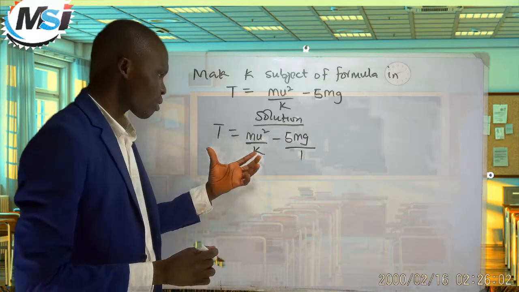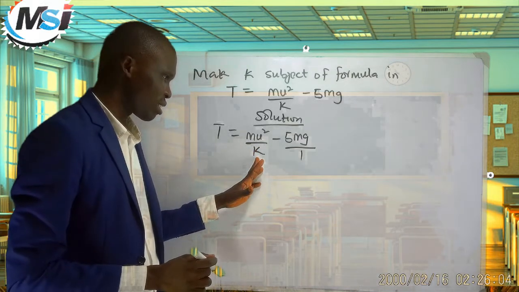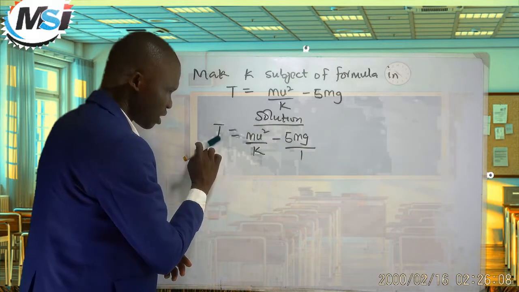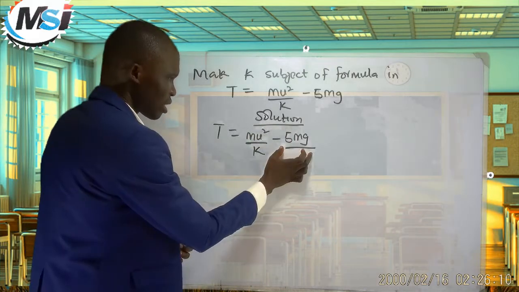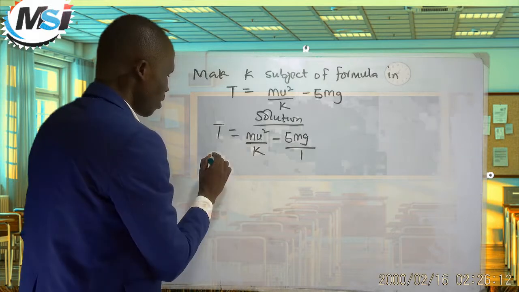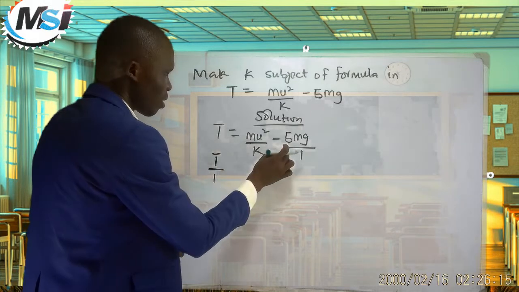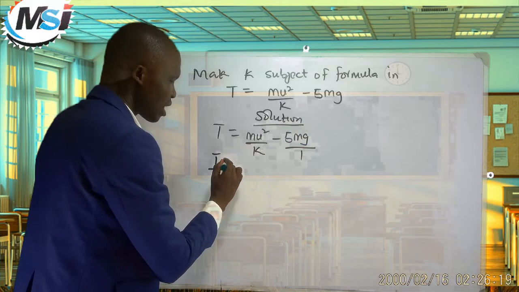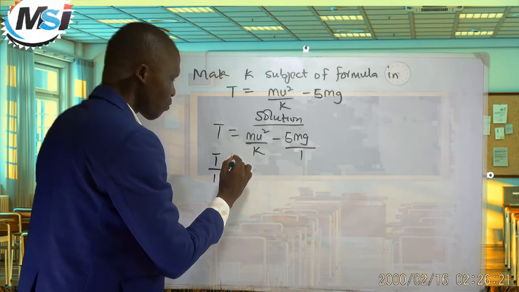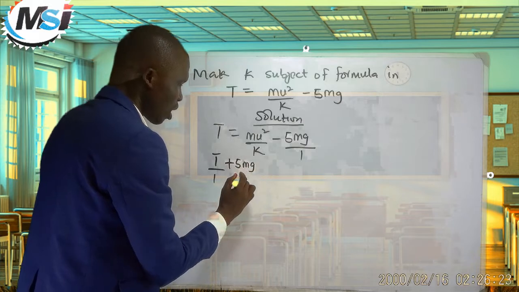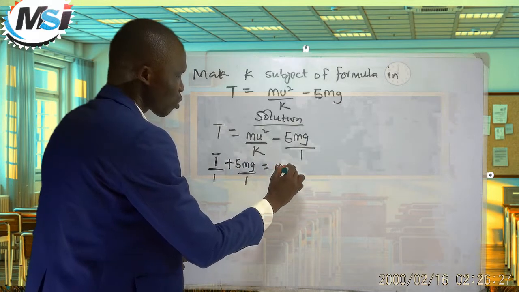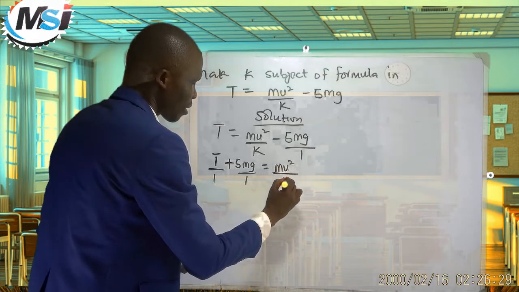Now, look at this and be careful. Take this to this side. Now, T all over 1, and minus 5mg over 1 crosses to this side and turns to plus 5mg all over 1, equals mu squared all over k.